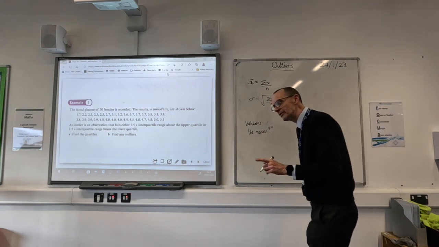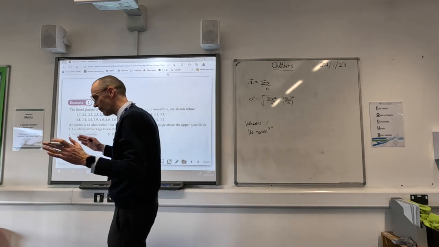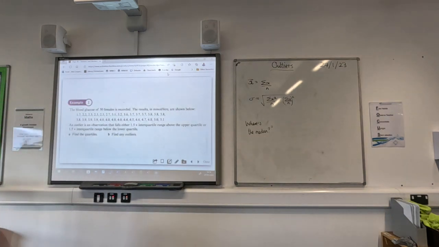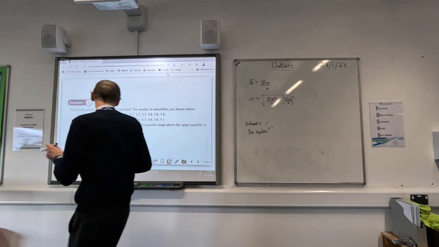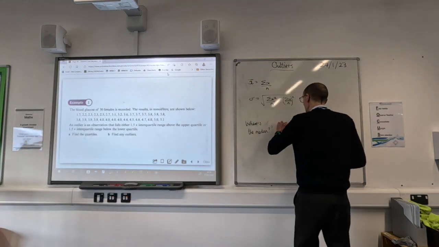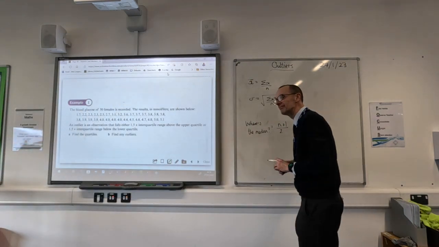So do you remember, when you've got a set of data and you're trying to find the median, you've got this problem that with 5 values, the median's the third. That's nice and easy. But with 6 values, it's between the third and the fourth. So it's not just as simple as dividing the number of values by 2. It doesn't quite work. So do you remember that rule?